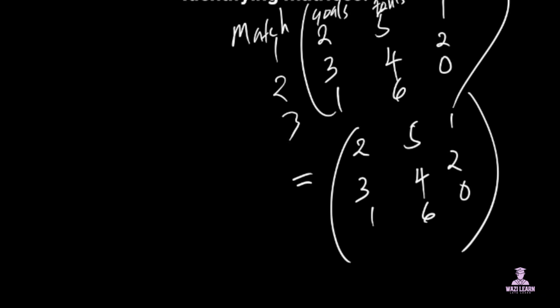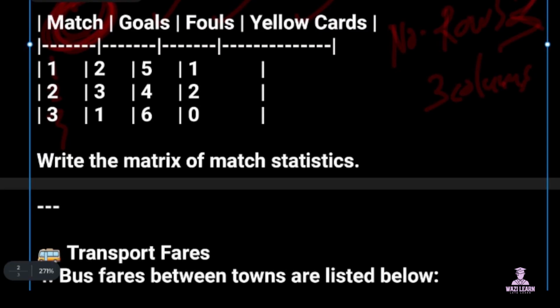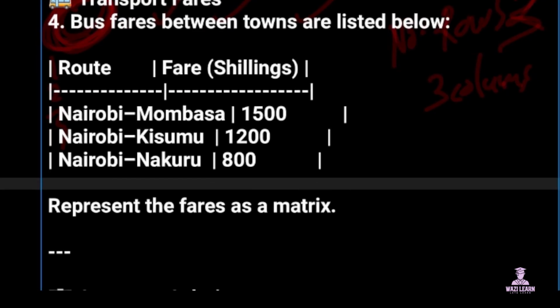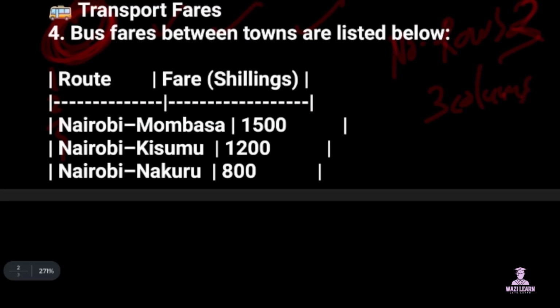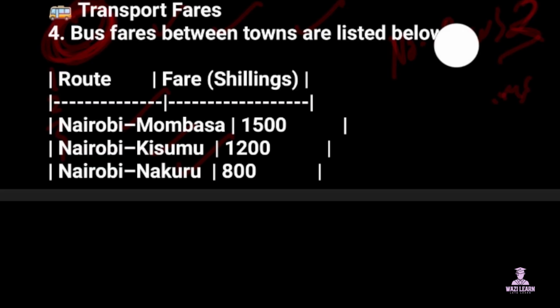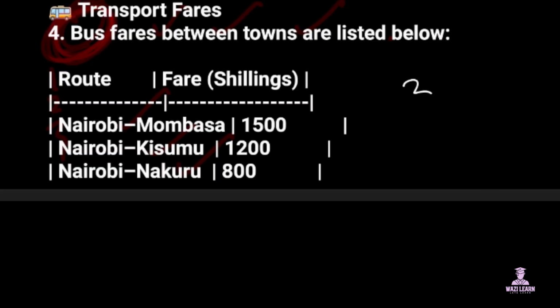Looking at our last example, transport fares. Bus fares between towns are listed below. Our individual items will be 3: Nairobi to Mombasa, Nairobi to Kisumu, and Nairobi to Nakuru. So we'll have 3 rows, and our category is only one, fares in shillings, so we have 1 column.